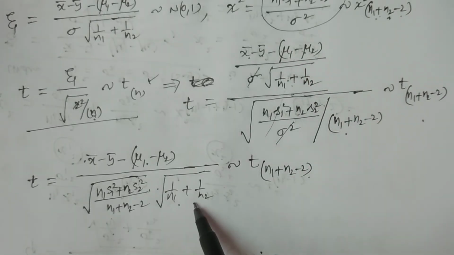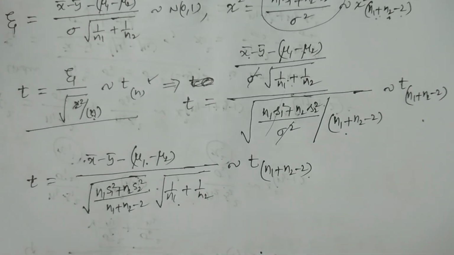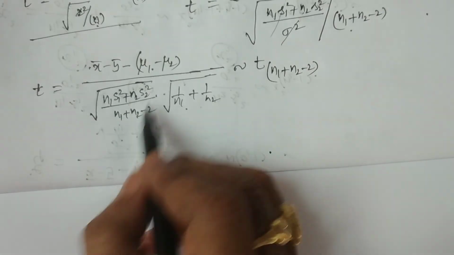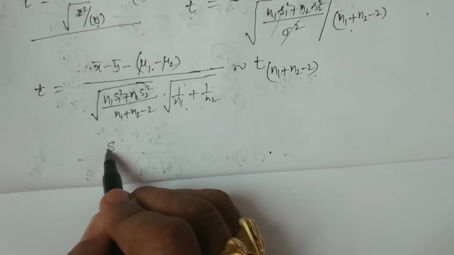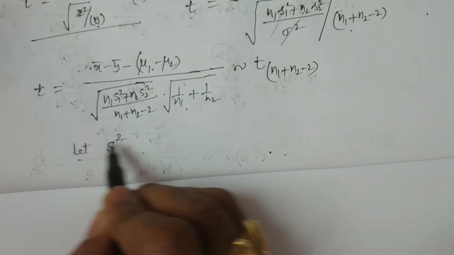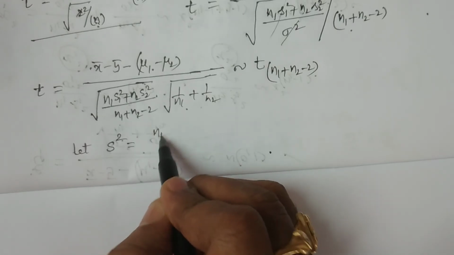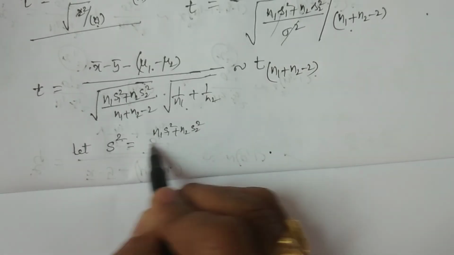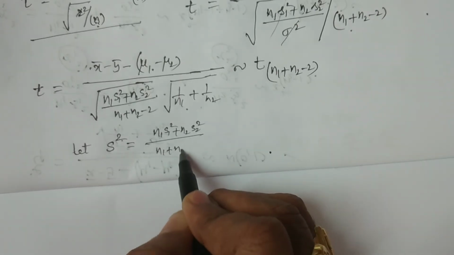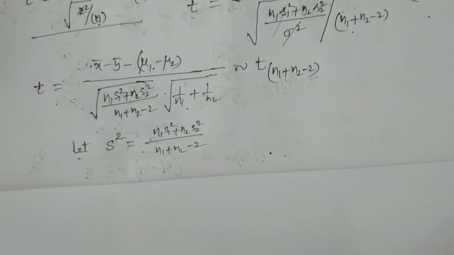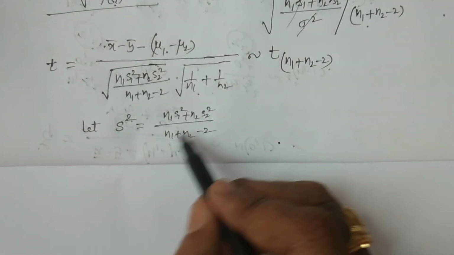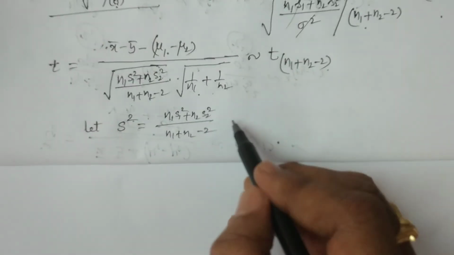Now you consider this entire term as capital S square. Capital S square is equal to n1 small s1 square plus n2 small s2 square divided by n1 plus n2 minus 2. At the same time, if this is S square, then the square root becomes S.